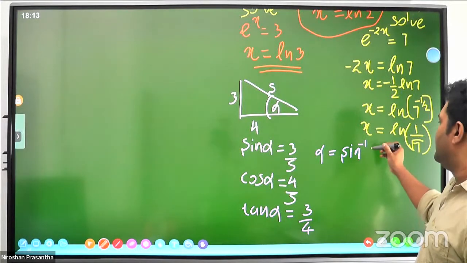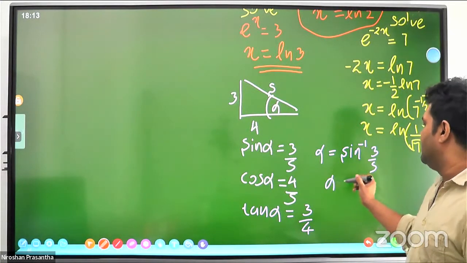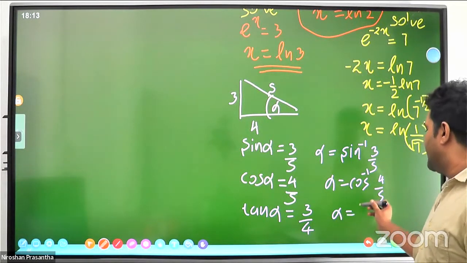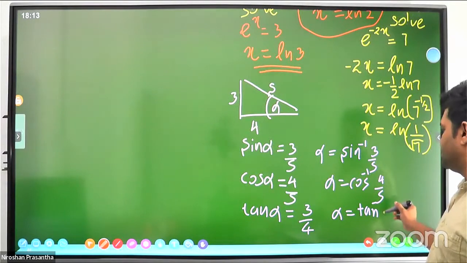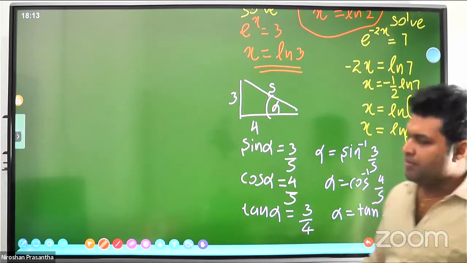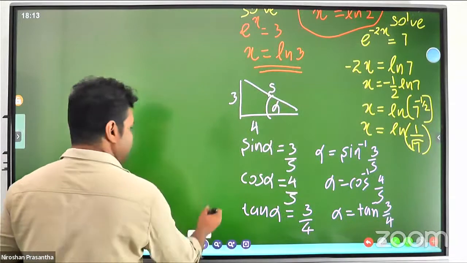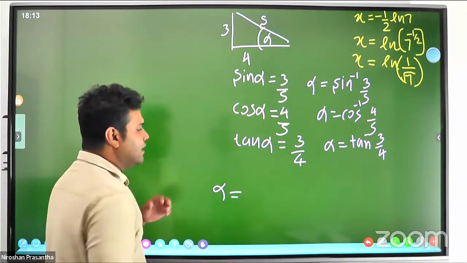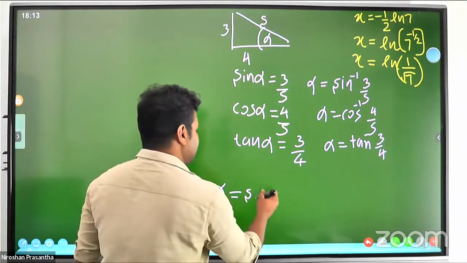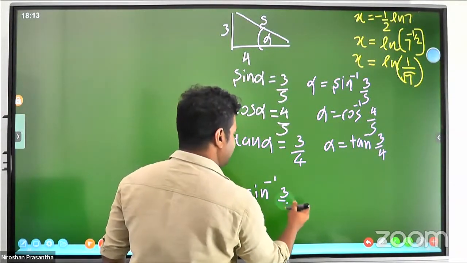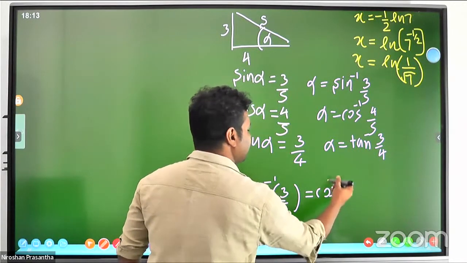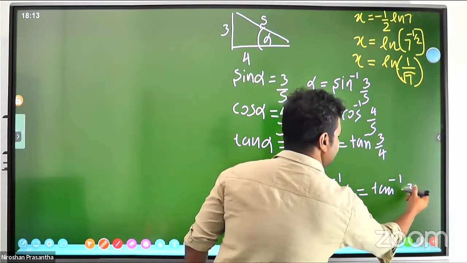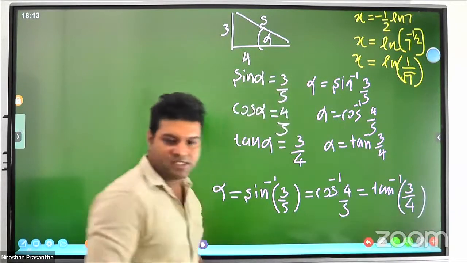Now, what is alpha? Sometimes alpha will be sine inverse 3 over 5. Sometimes alpha will be cos inverse 4 over 5. Sometimes alpha will be tan inverse 3 over 4. Therefore, the same magnitude alpha angle we can write in 3 ways: sine inverse 3 over 5 equal to cos inverse 4 over 5 and also tan inverse 3 over 4. Can you capture this?